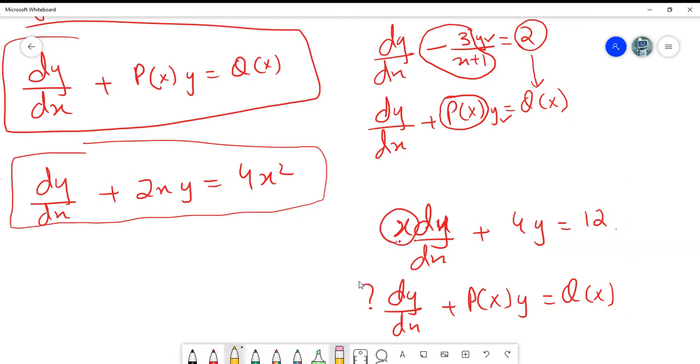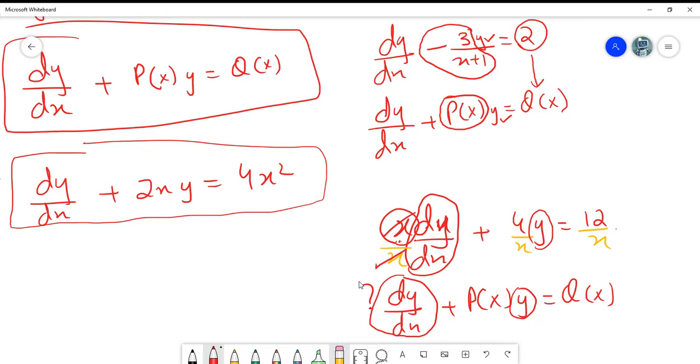But if you look closely, you can divide everything here by x. And once that happens and this x crosses out, you can see that there is similarity between these two. You have dy by dx to begin with, you have y in both of these equations, and your p of x is 4 over x.